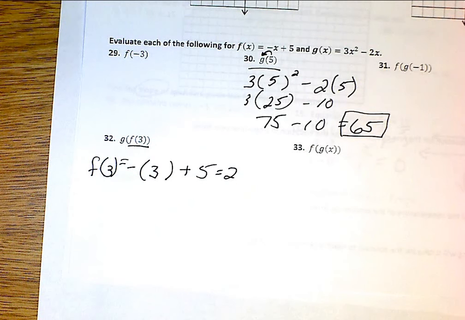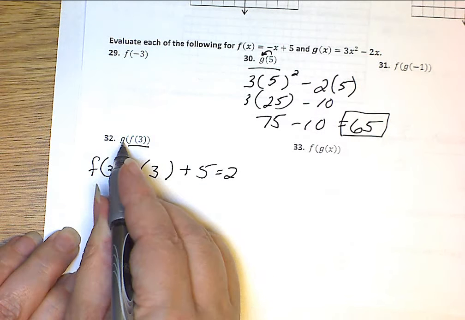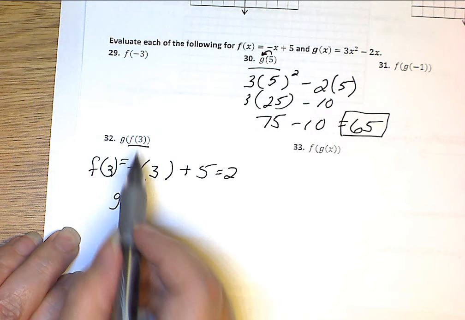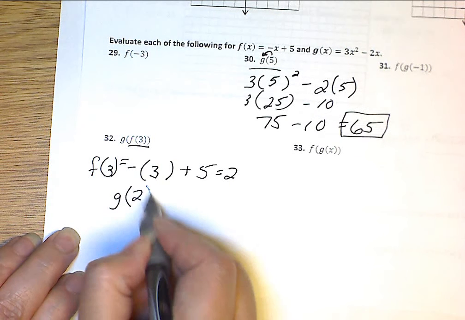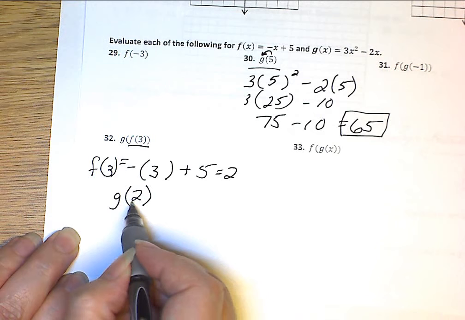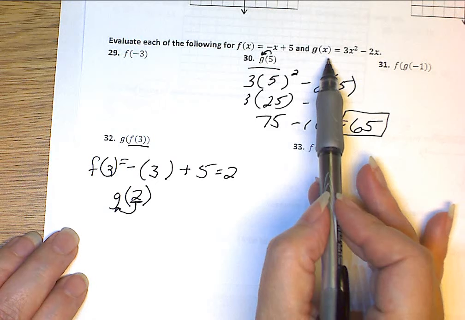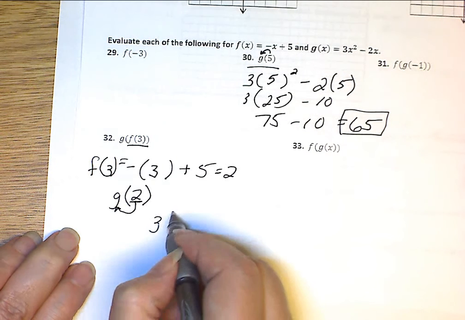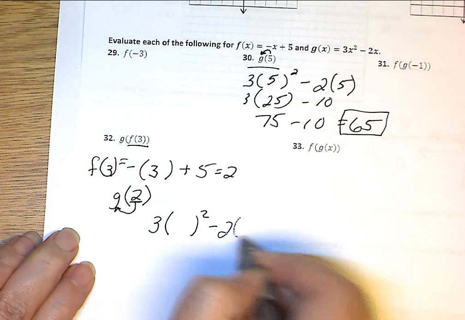Okay. Bringing down my g of, see how it says g of f of 3? Now f of 3 equals what? 2. So now I'm going to put in my 2 for my x value of g. So I have g says that it is 3 parenthesis squared minus 2 parenthesis.